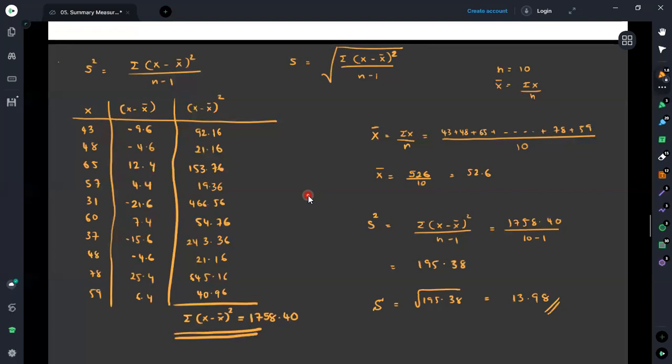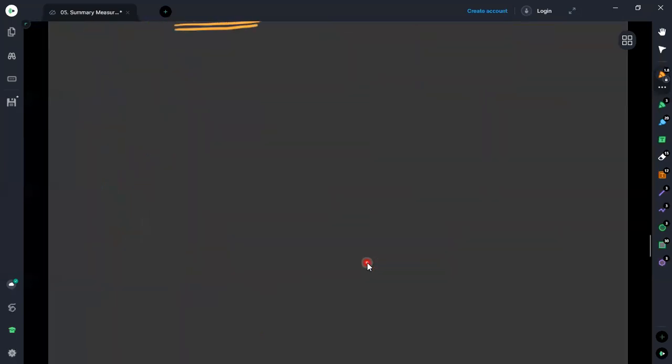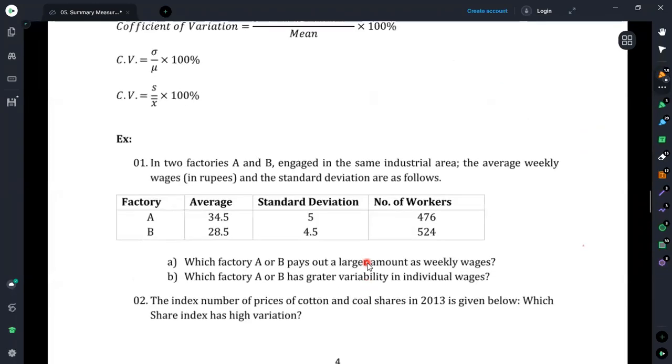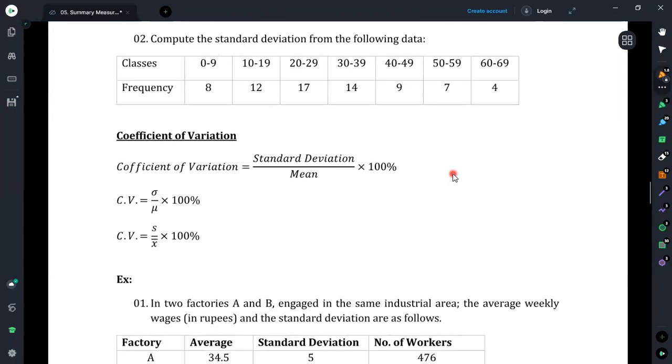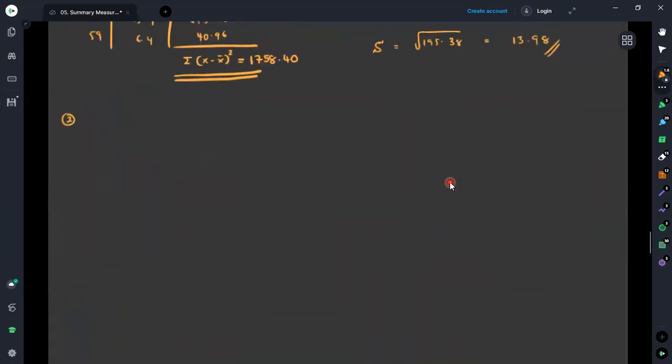It is the first exercise we are asked to do, and the second exercise is given using the classes. It is quite a group frequency distribution. First, they are having the classes, and for each class, they are having the frequency. The first class is 0 to 9.